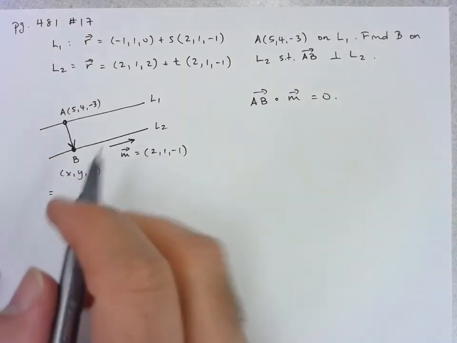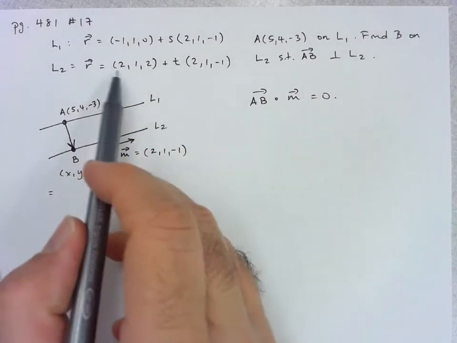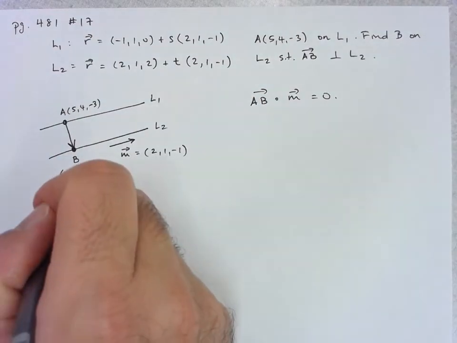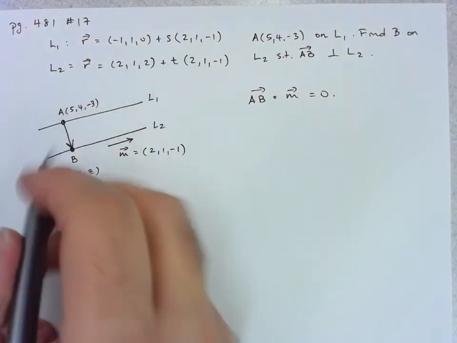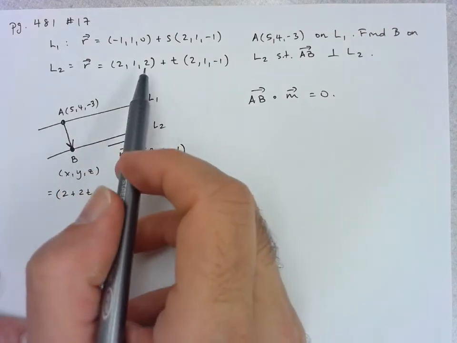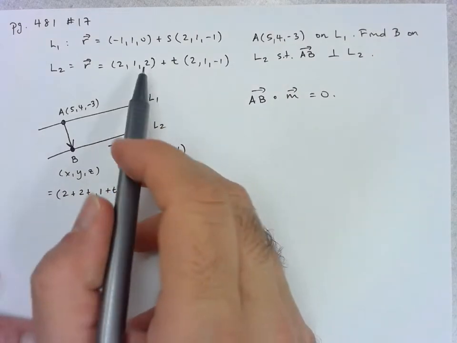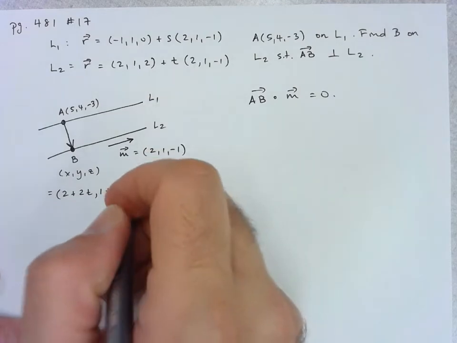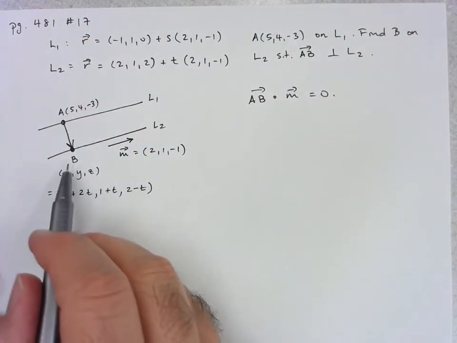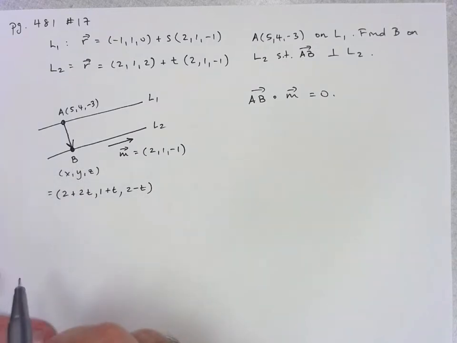Any point on the line looks like the right-hand side of this equation. In parametric form, for a particular t value, the x component is 2 plus 2t, the y component is 1 plus t, and the z component is 2 minus t. So we have a representation of this unknown point that has only one variable, and this is the trick to solving the problem.